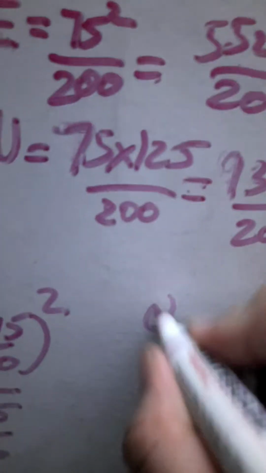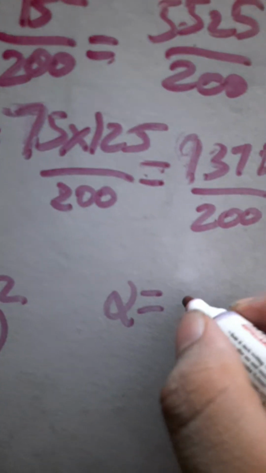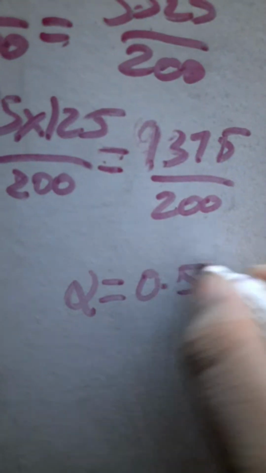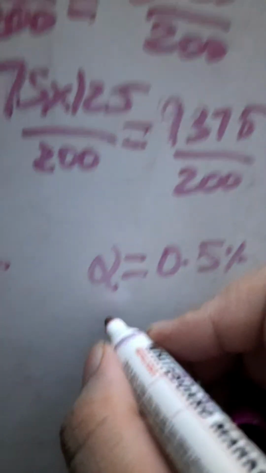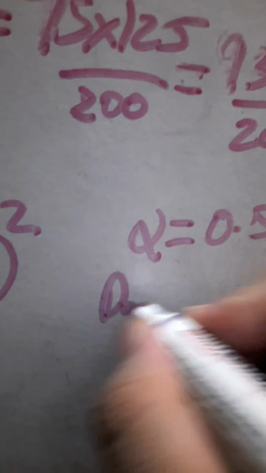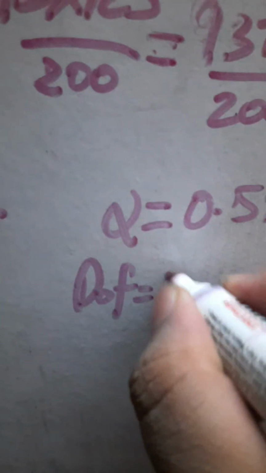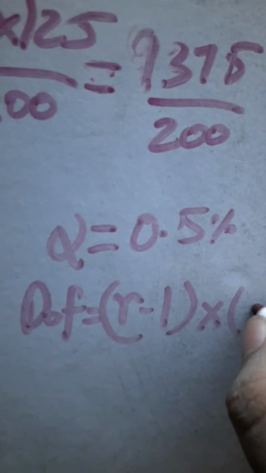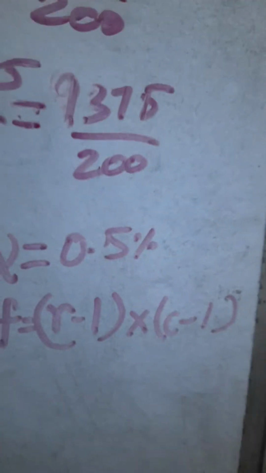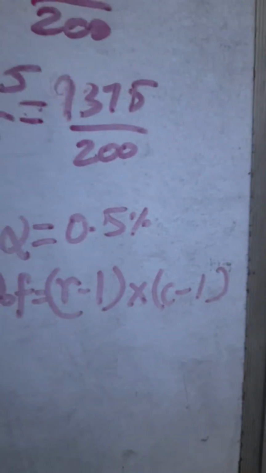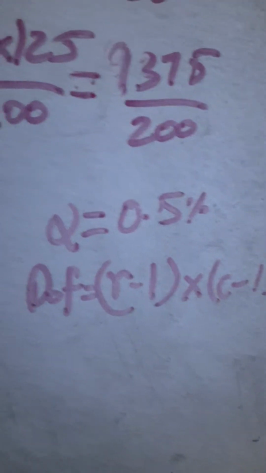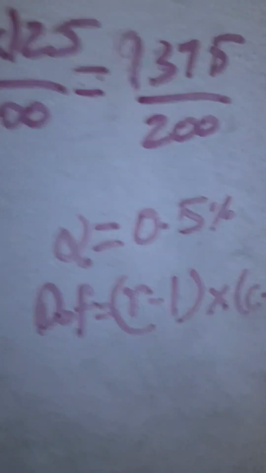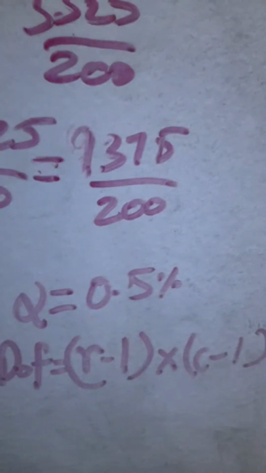Now we have the level of significance, which is 0.5%. And then we find the degree of freedom, DOF, which is R minus 1 into C minus 1, number of rows minus 1 into number of columns minus 1.